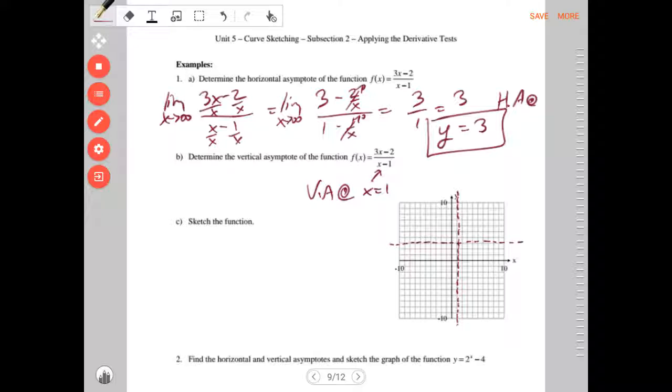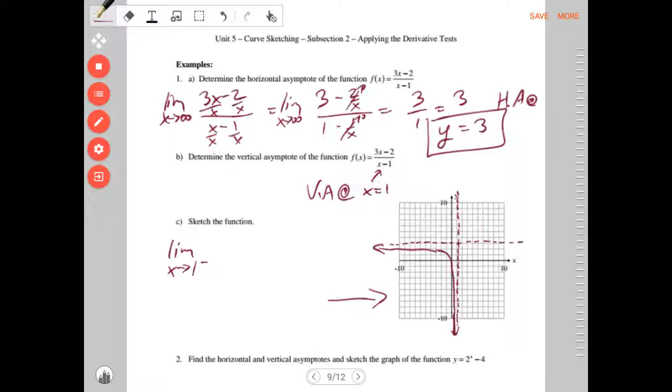Again, we could do a quick little limit here. The limit as x approaches 1 from the left. As we approach from this side, those are going to be like 0.9, 0.99. So 0.99 minus 1 is a negative small. So 1 divided by negative small is negative infinity. So we have negative infinity like this, and then it comes up and swoops towards the asymptote.